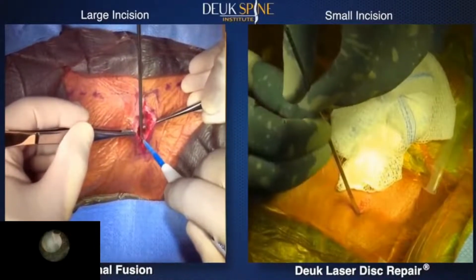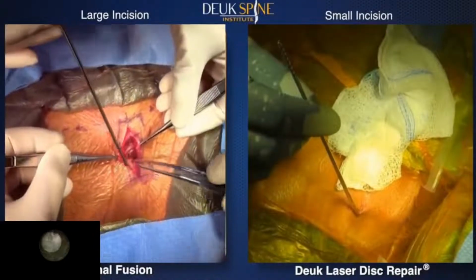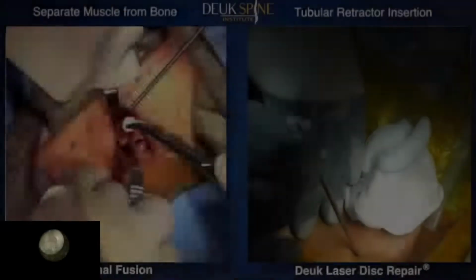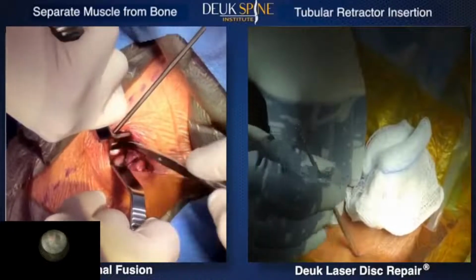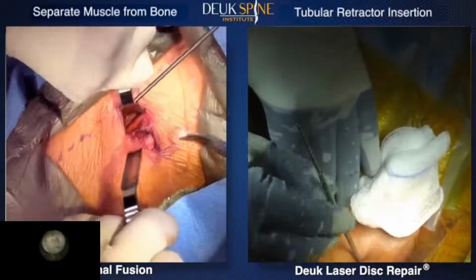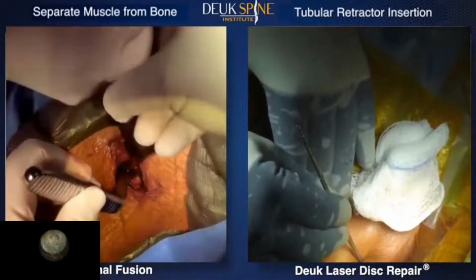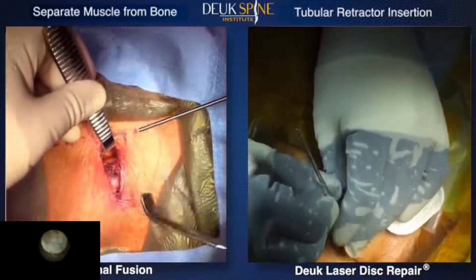The spinal fusion requires a very large incision, usually leaving a large scar. The Deuk laser disc repair requires only a very small incision, usually less than a half inch long. In this small opening, a cylindrical rod, called a dilator, is inserted to gently spread the muscle to create a small passage and guide through which the surgery is performed endoscopically.